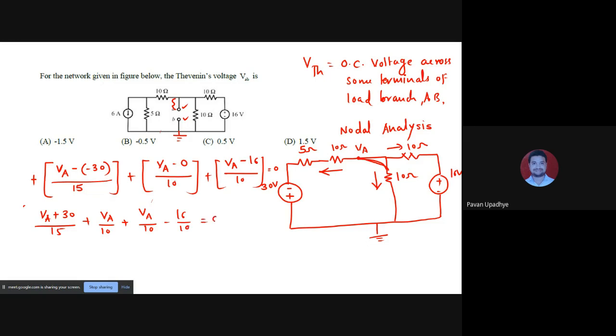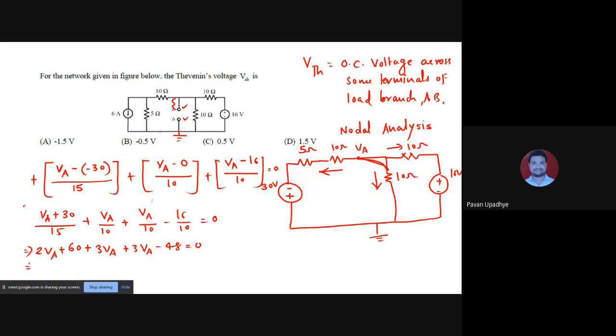Now, if you look, the LCM will be 30. So if 30 is multiplied to this equation, we get 2 into VA plus 60, plus 3 into VA, plus 3 into VA, minus 48, equal to 0.